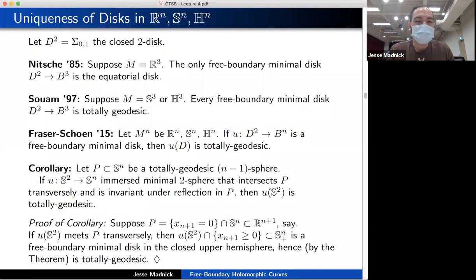So by the uniqueness theorem, it has to be totally geodesic. In the upper hemisphere you have a totally geodesic disk, in the lower hemisphere you have a totally geodesic disk, you put them together and you have this totally geodesic S2. And it's smooth because of the reflection invariance.